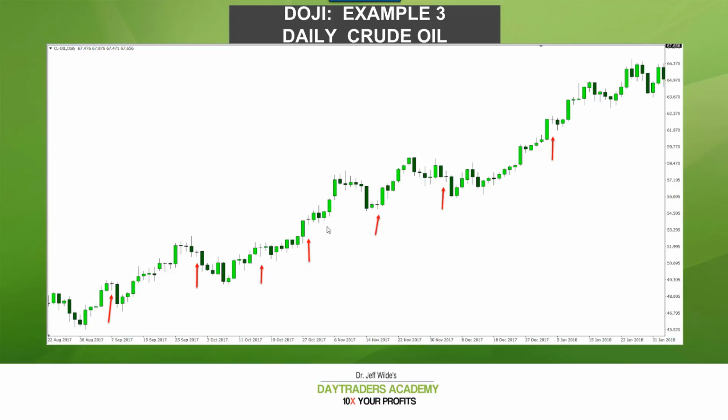So once again, when you start seeing this, the market makes a new high, pulls back. It tries to sell off forcefully, right? But now you got a spinning top and a doji. And guess what? It says, okay, we can't go any lower. We're in agreement. It can't go lower. Maybe it'll go higher.